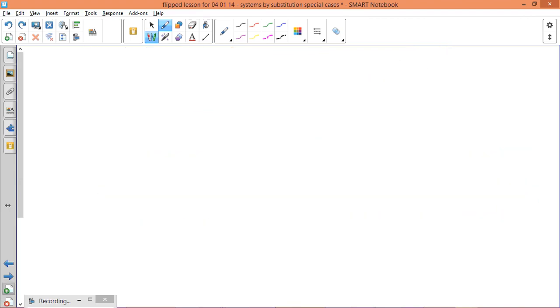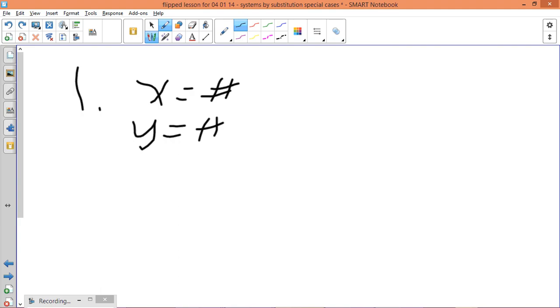Okay, so let's recap this real quick. There are 3 things that can happen. 1, if you get x equals a number, y equals a number, then your solution is x comma y. I realize you don't have this slide right here, so go ahead and write it somewhere where you can find it. It's not going to take too much space.